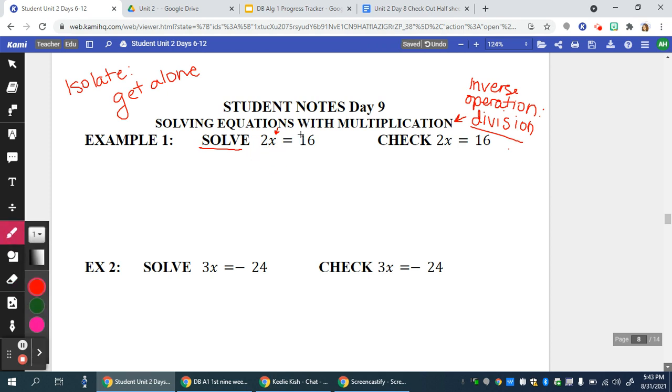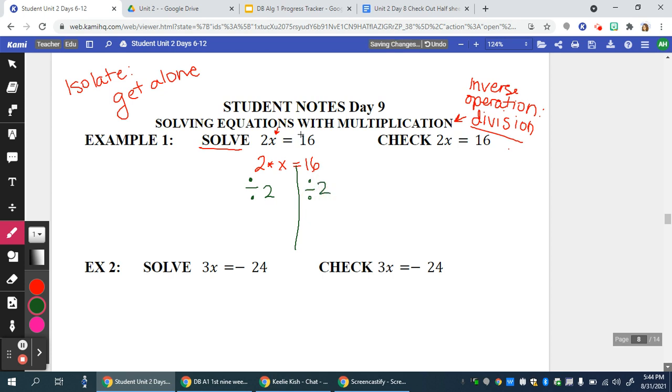So right now, this says 2 times x equals 16. This equation is saying 2 times a number equals 16, and we need to solve for what that number is. So the inverse operation, the opposite of multiplication, is division. So we are going to divide both sides by 2.